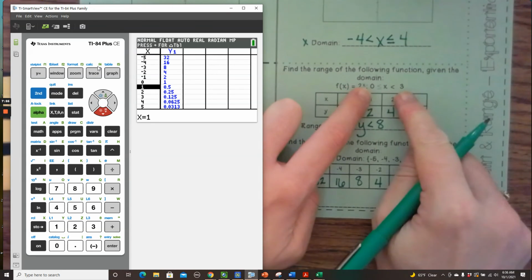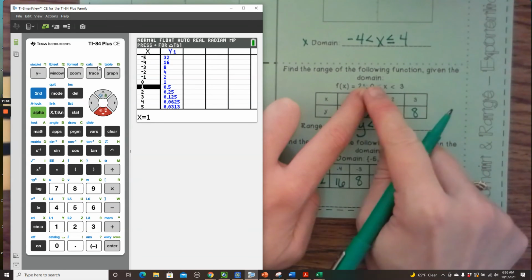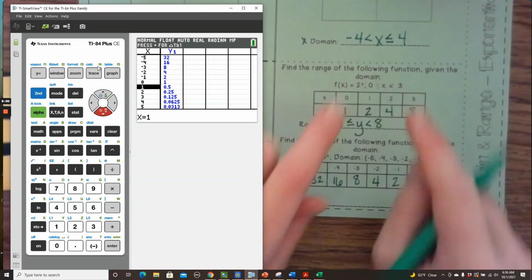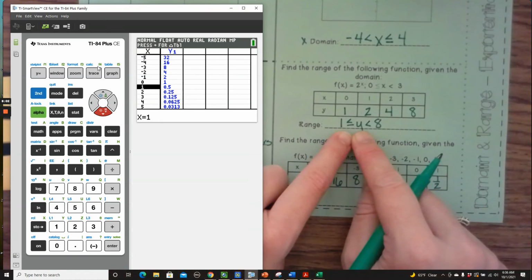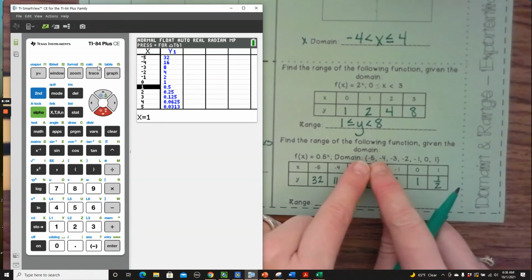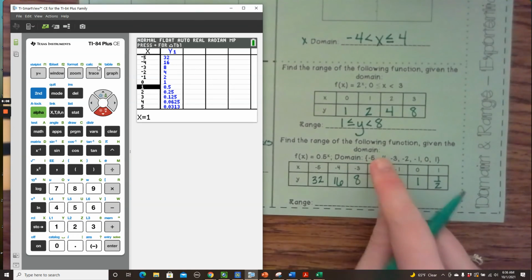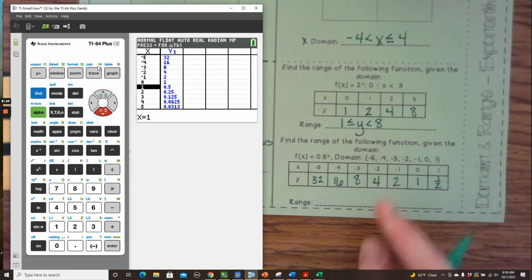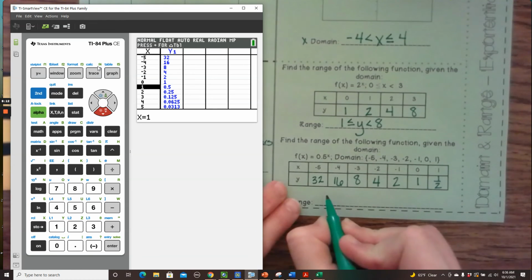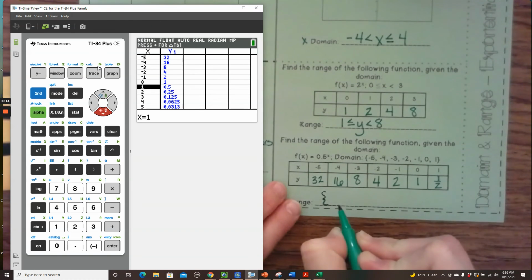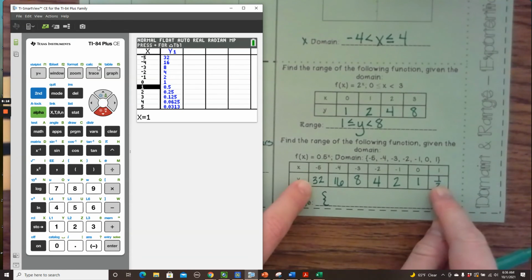So again, here we're given this parameter, all the x's that fall between 0 and 3. So that's why we can write the range this way. On this one, we are given just these specific values. So negative 5.5, we don't want to include that in our domain and range. So for the range here, we would just write our y values.